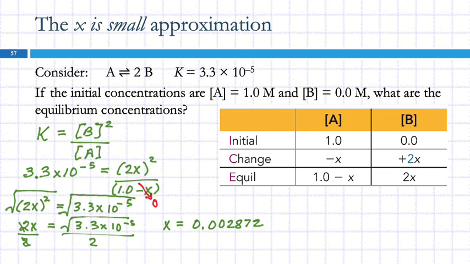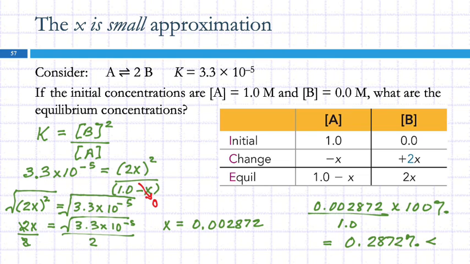To check if this is valid to do, we're going to take this x that we came up with, and compare it to the number that it's being subtracted from. We want to know what percentage of 1 this number is. So the percent is going to be 0.002872 divided by the number we're subtracting it from, times 100. And that's going to be 0.2872%, which is definitely less than 5%.